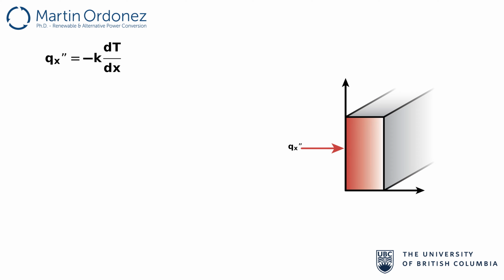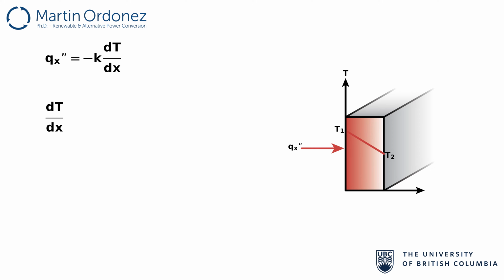The negative sign is a consequence of the fact that heat is transferred in the direction of decreasing temperature. That is, from the side with higher temperature T1 to the side with lower temperature T2. It should be noted that the temperature gradient can be linearized by using the temperature difference of 2 points.